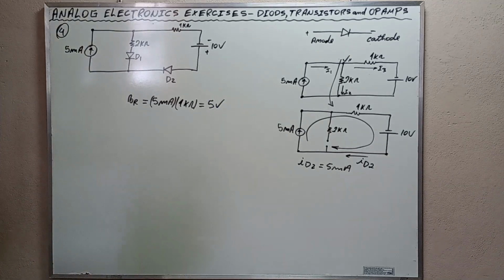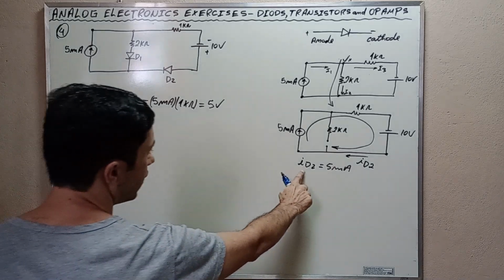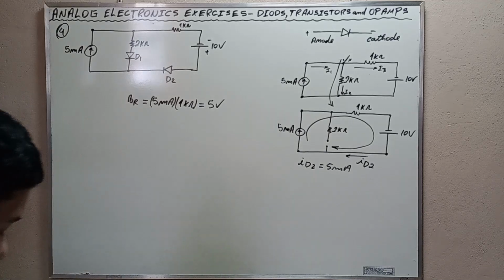Alright, my friends, we discovered that the voltage across the 1 kilo ohms resistor is 5 volts. As a consequence, ID2 is 5 milliamperes. We already understood this.